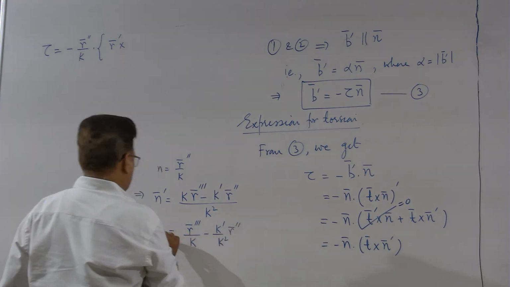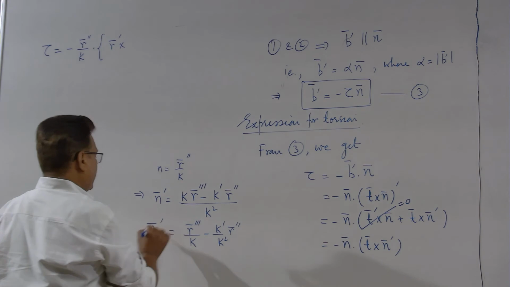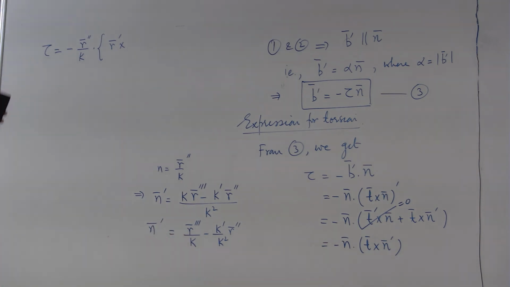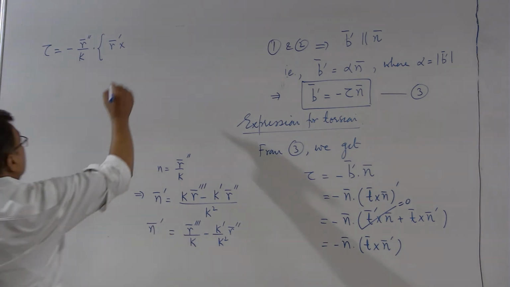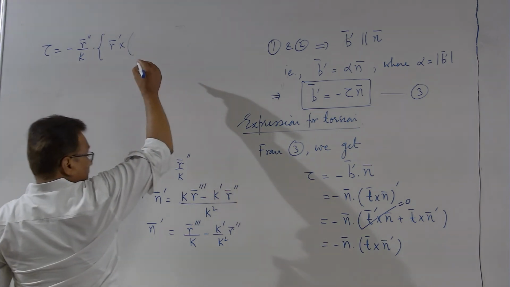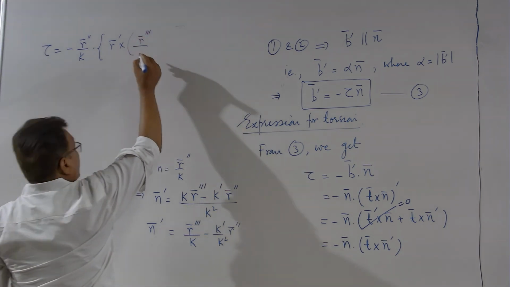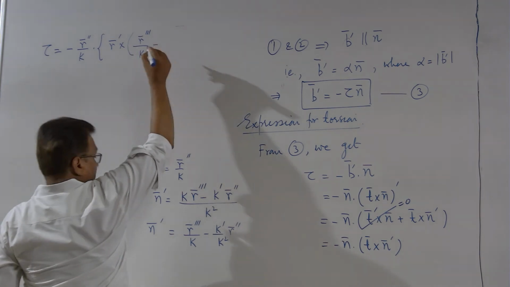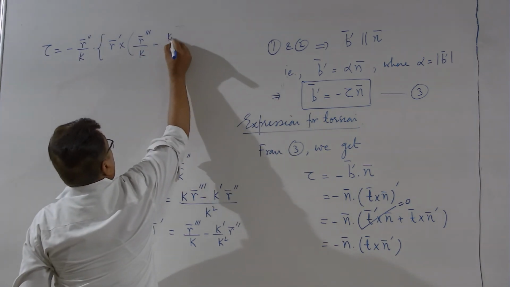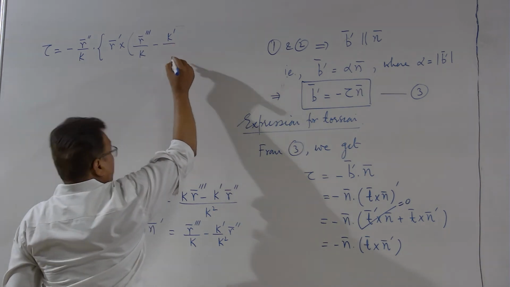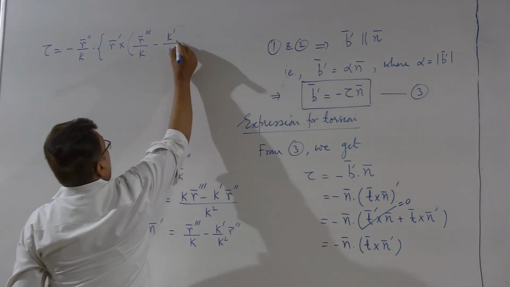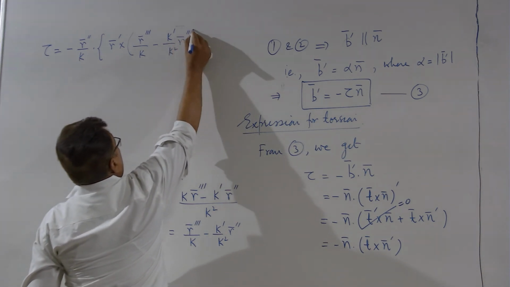So, this is the derivative of n with respect to s. Substitute this value over there, you have r triple dash upon k minus k dash upon k square r double dash.